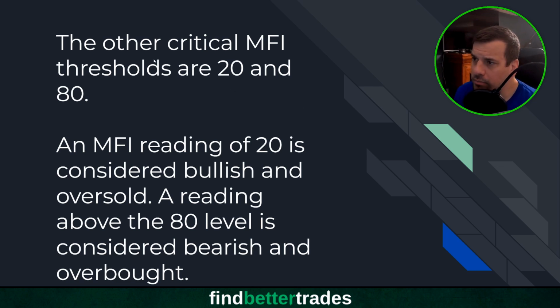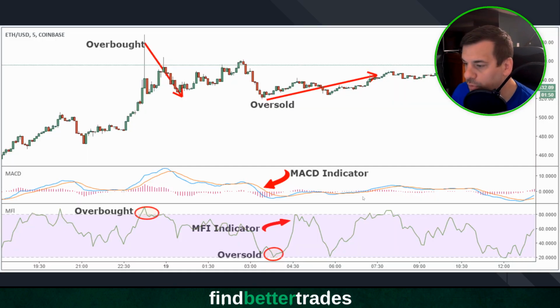The other critical MFI thresholds are 80 and 20. Those are going to be big levels. An MFI reading of 20 is considered bullish, and oversold. It's going to be oversold all the way down there in the 20s. A reading above the 80 level is considered bearish, or overbought, again similar to RSI.